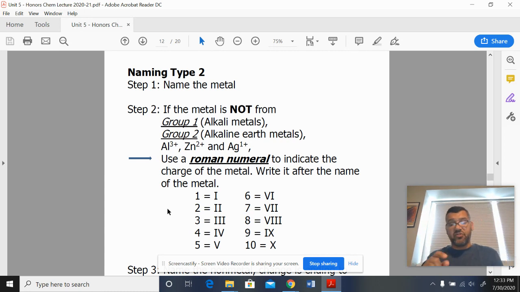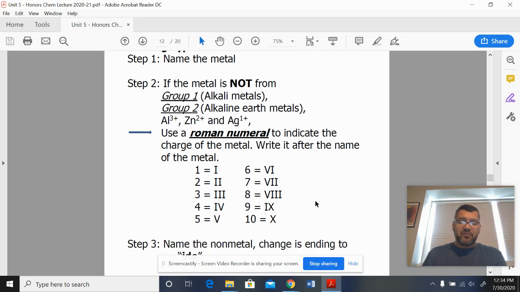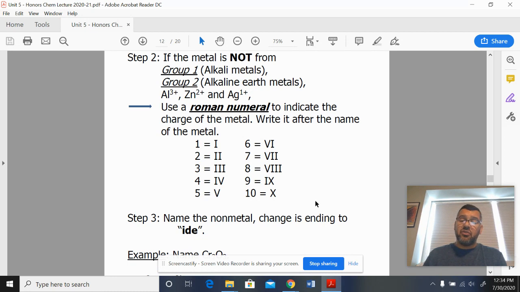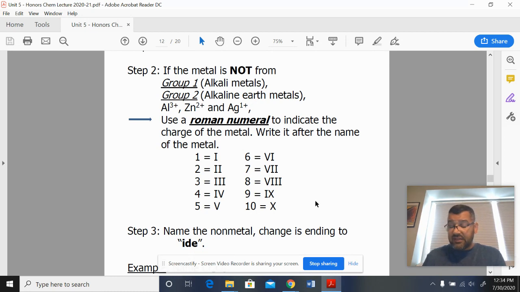The metal, in other words, just the one metal that's in it. You're going to use a Roman numeral ranging from 1 through 10, and we're not going to go past 10. You've probably seen most of these before, but these are ones you've got to know. Then you look at the nonmetal, change the ending to IDE, and you wrap it up.